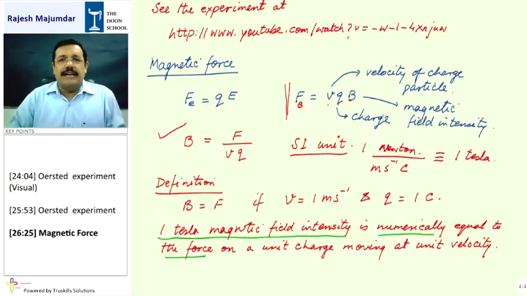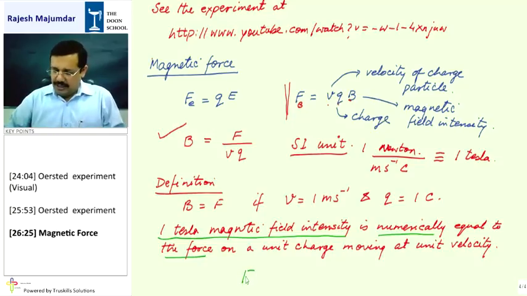So this is a very interesting aspect of our learning today, that we understood three main points: the magnetic field and its generation, the Oersted experiment, how he was able to relate it with the help of electric current, and how we define magnetic field intensity in the context of magnetic force. Now I also talked about Lorentz force.